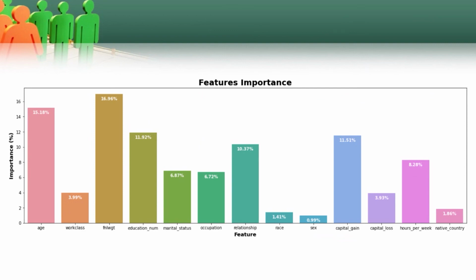Along with that, we can also see that education has a substantial impact on getting a huge paycheck. It has 11.92% importance, whereas features such as native country are not too directly related to getting a huge paycheck, as their importance is labeled as 1.86 by our model.